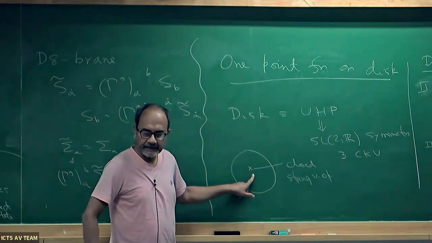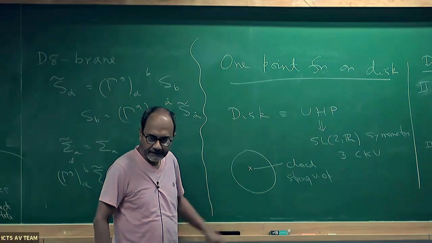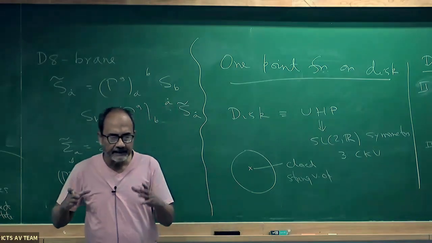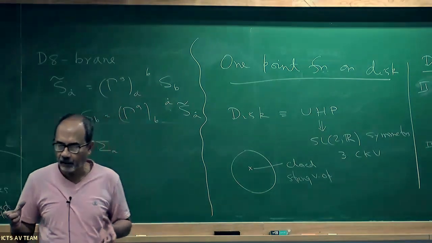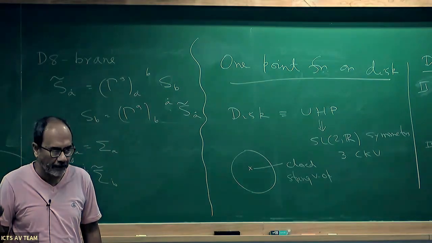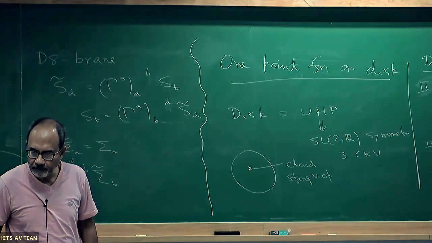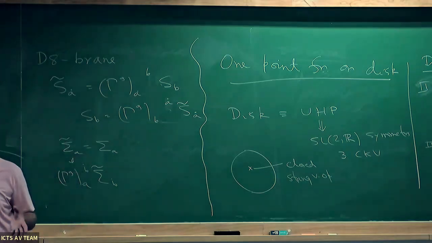Imagine that it is at 0. You can use SL(2,R) to bring it to the origin. But this only fixes two of the three conformal Killing vectors, because it's a complex coordinate. You fix a complex coordinate to something, it puts two conditions. So this means that you have not fixed all the conformal Killing vectors.